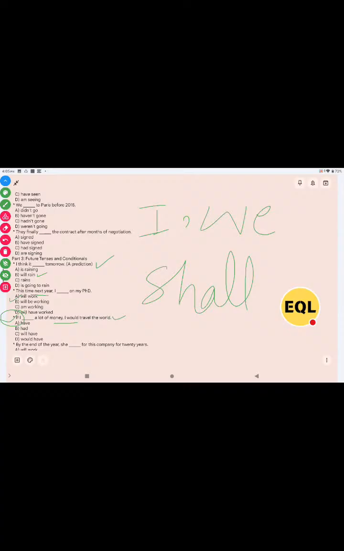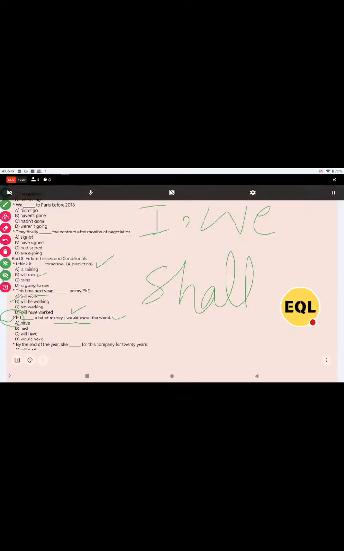If I blank a lot of money, I would travel the world. In the second clause, we have would and the first form of the verb. If you have would and the first form of the verb in one clause, you have to use the second form of verb in the other clause. That clause can be in the beginning or at the end. So now we would use the second form of verb, past indefinite.